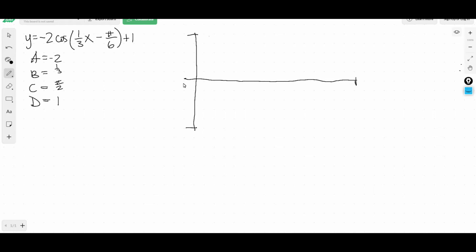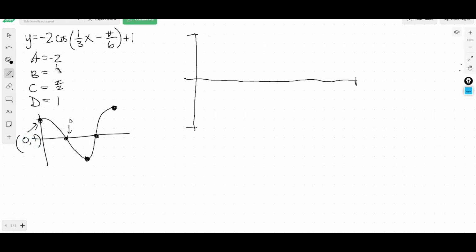The first thing I'm going to do is my y values. I want this center line to be the center of my cosine graph. And if you'll remember, the cosine graph starts at 1, goes to 0, looks like this. And it's so important that you know these five key points. This is usually 0, 1.